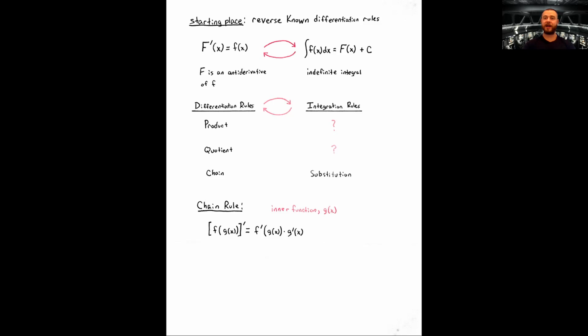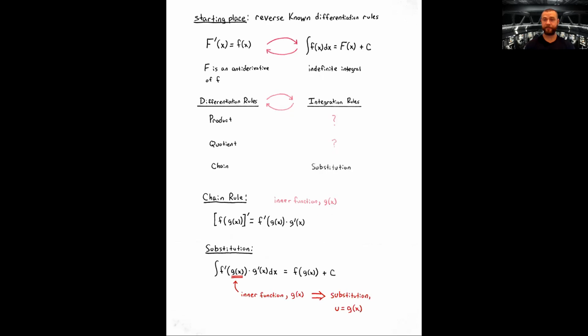Now, let's go back to the top of this page. We're going to reverse this statement written in the language of derivatives. We're going to reverse it and get a statement now expressed as an integral, an indefinite integral. Basically, instead of having a derivative on the left side of that statement, we can reverse it and rewrite it with an integral on the right side.